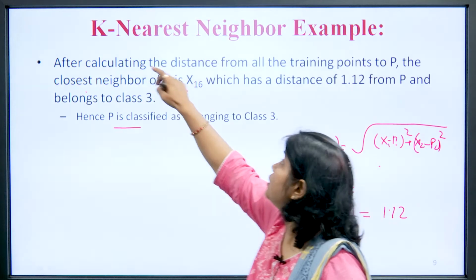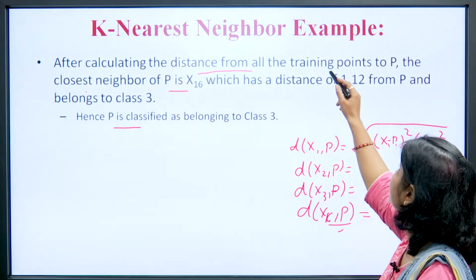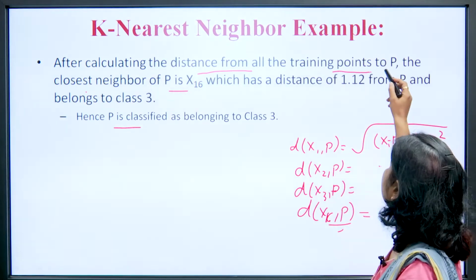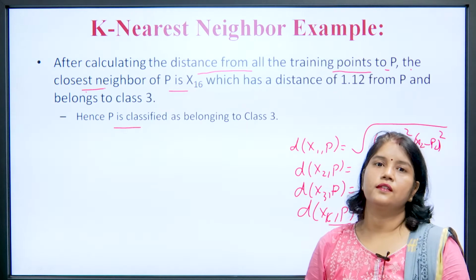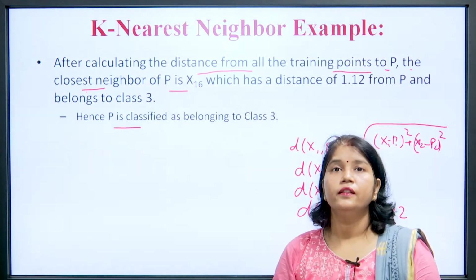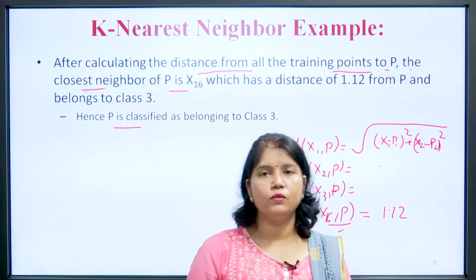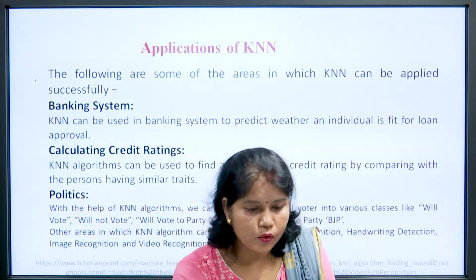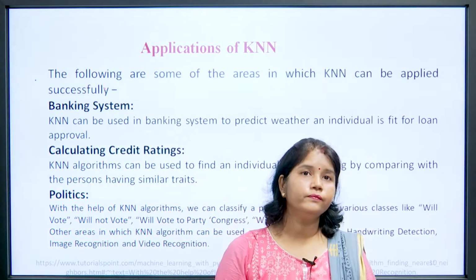After calculating the distance from all the training points to P, the closest neighbor of P is x16. Is that clear? The distance is 1.12, and it belongs to class 3. So, I hope it is clear how the KNN algorithm works.